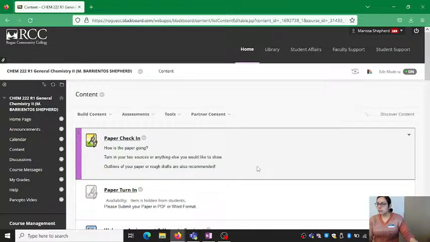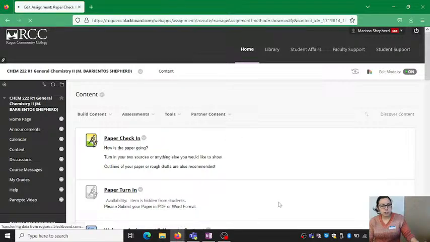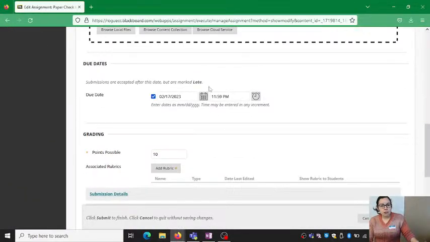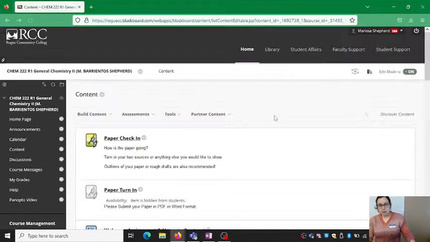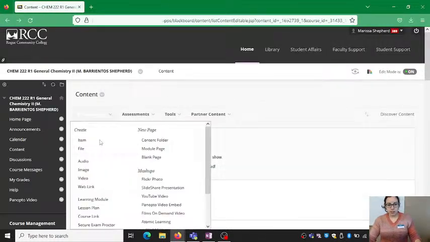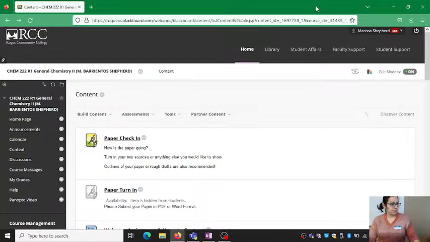I suggest turning in 2 sources, and you could either have an outline of your paper or just anything you're thinking, any questions. I put the due date of February 17th out there so we can start thinking about it. I don't want you to leave everything for your paper till the last minute. So hopefully that's on your radar now.